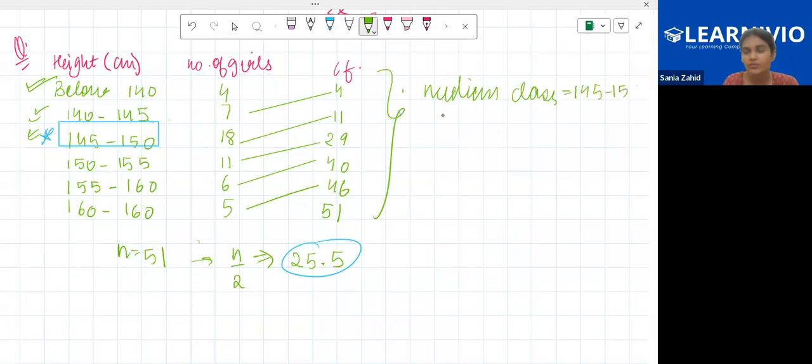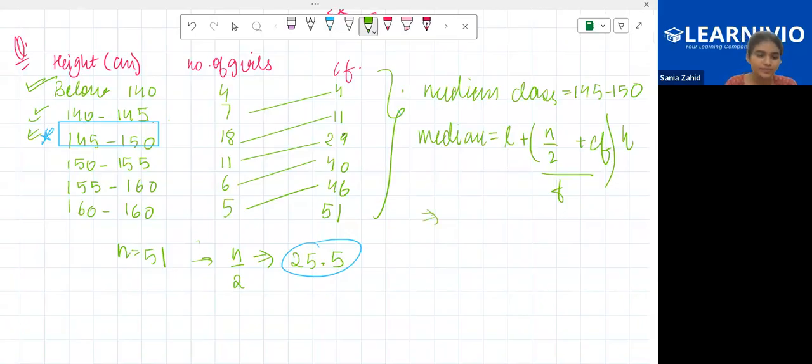Median class: 145 to 150. Now, what was the formula? L plus n by 2 minus CF, divided by f, into h. Very good. So what is L? 145. What is n by 2? 25.5.